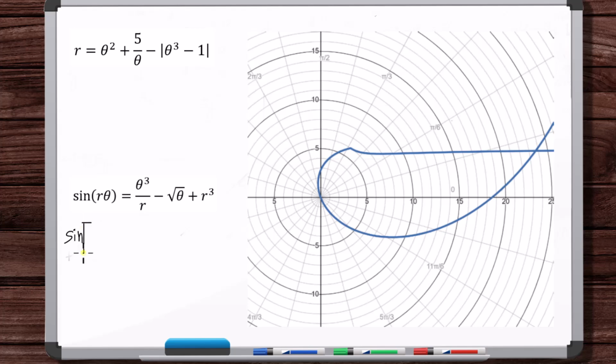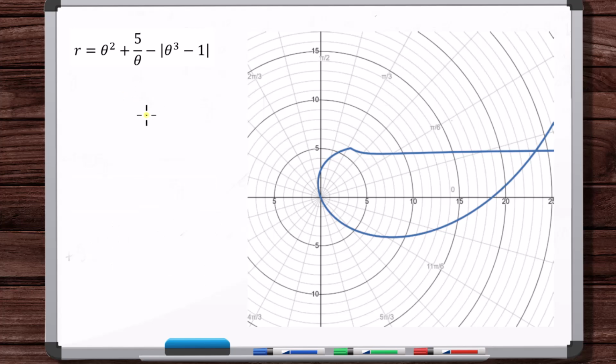It'd be minus 3 theta. That's it. And that would be shifted in the positive r direction, 3 units.